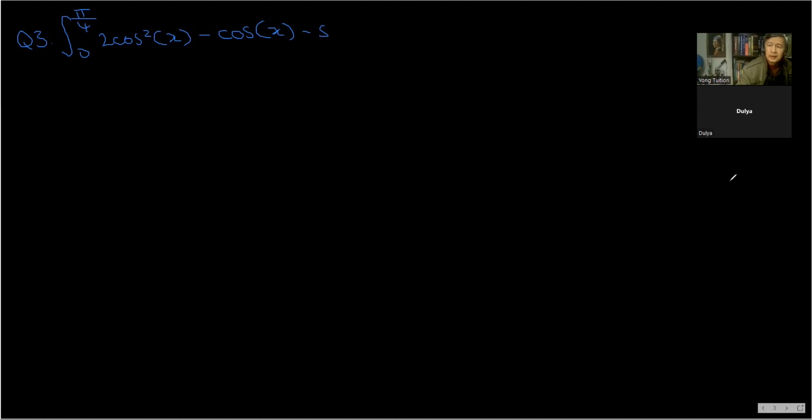Yeah, that's a definite integral. Cosine square, cosine x, sine x, yes. Dx, okay. Can I add a bracket here? The guy must have a bracket, right? Okay, go on. How can we solve this one? Cosine square, cosine and sine square.